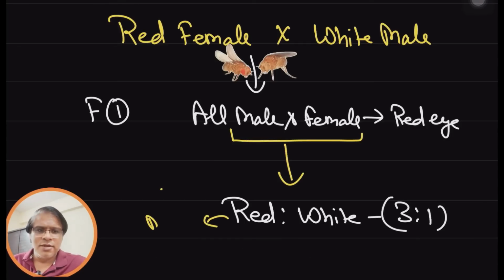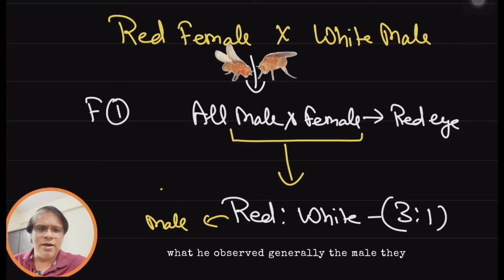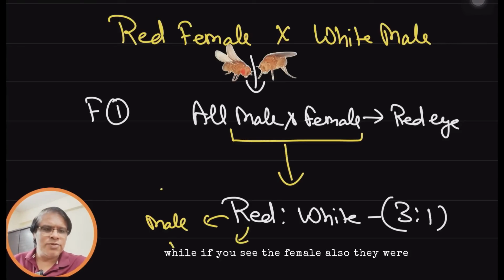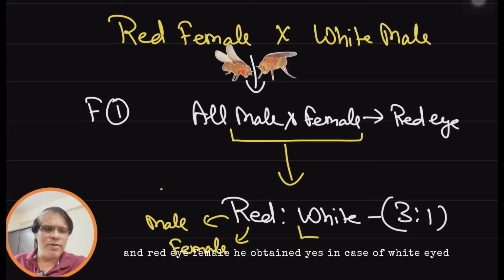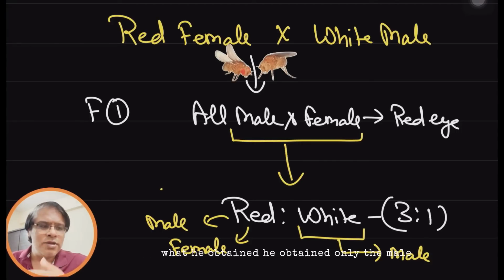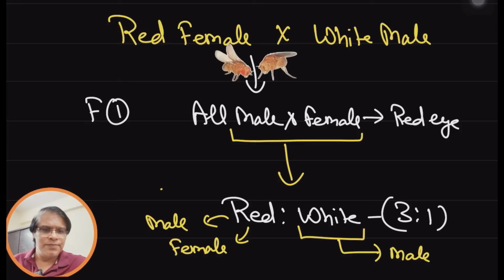Here, what he observed was that the males had red eyes, and the females also had red eyes. So he obtained red eye males and red eye females. But in the case of white eyes, he obtained only males.